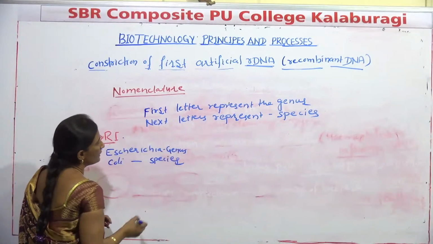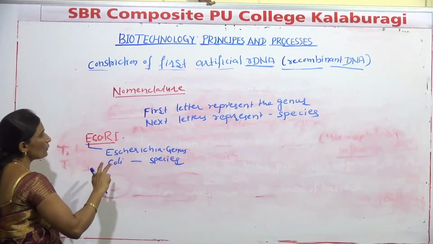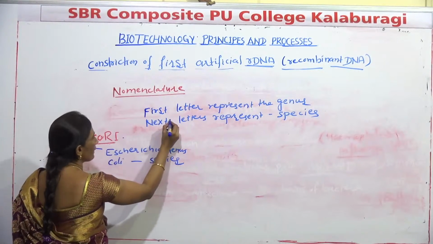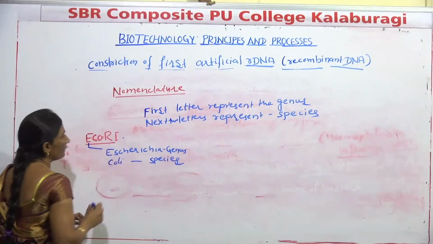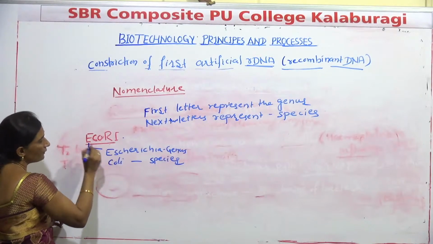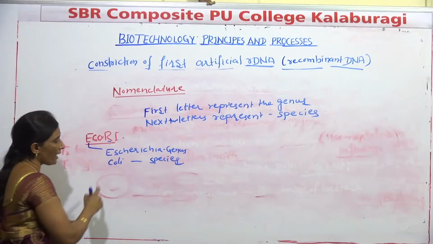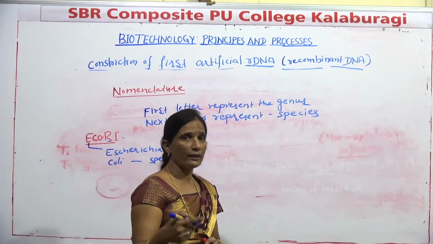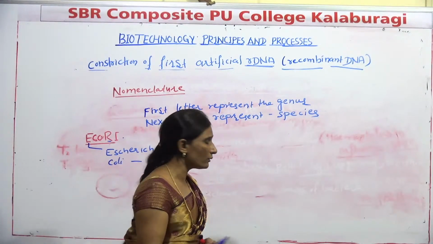And the next two letters represent the species. The fourth one is here, the R. If a strain is there, then you have to write it.